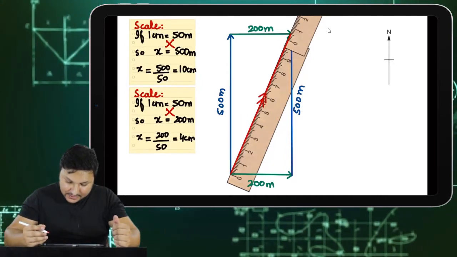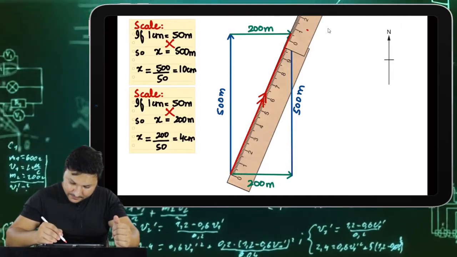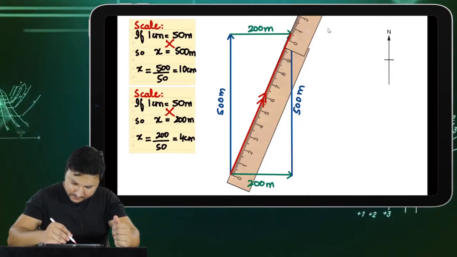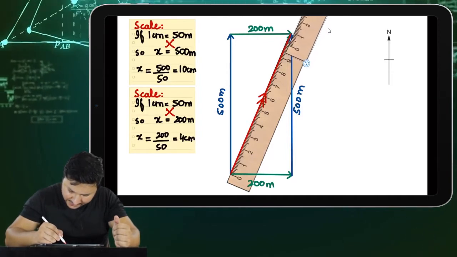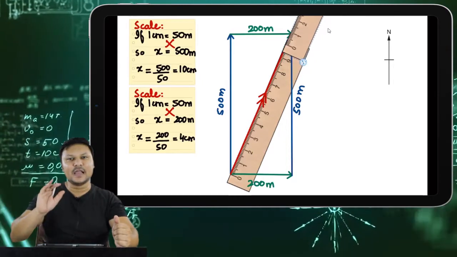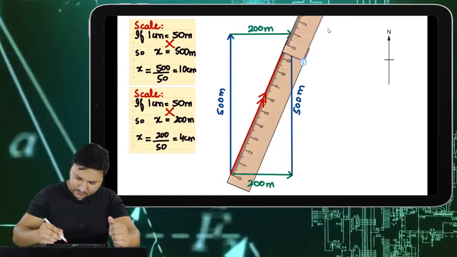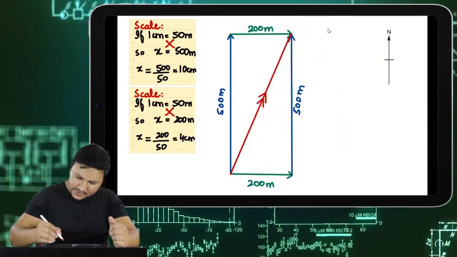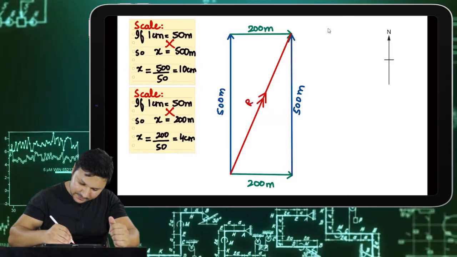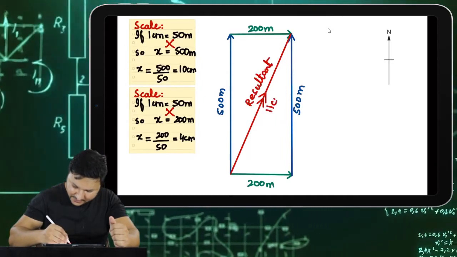So what is basically the length? It's around 10 centimeters and around 11 centimeters. Label this vector as resultant, and it has a value of 11 centimeters.